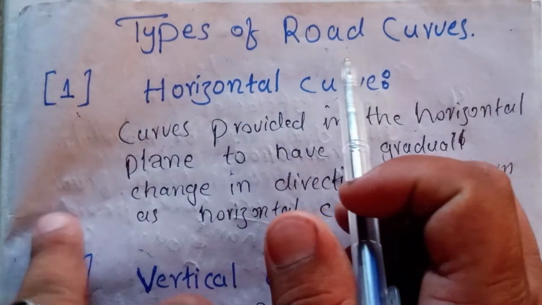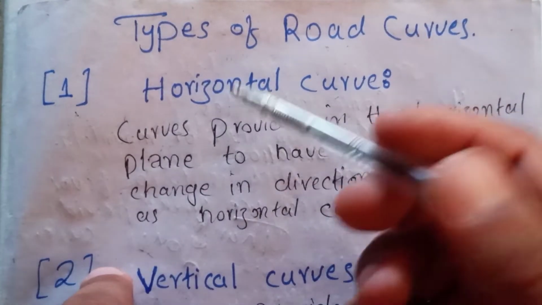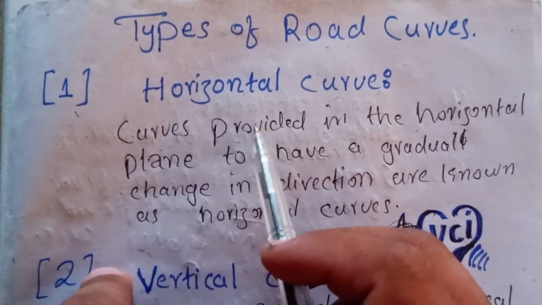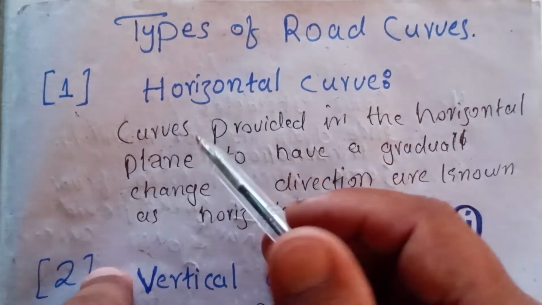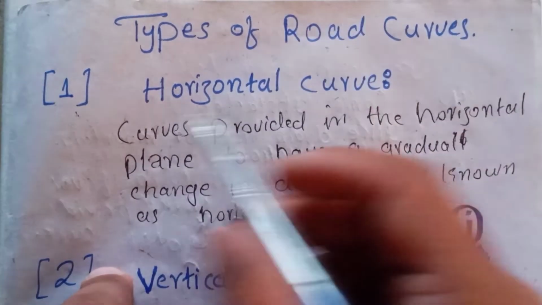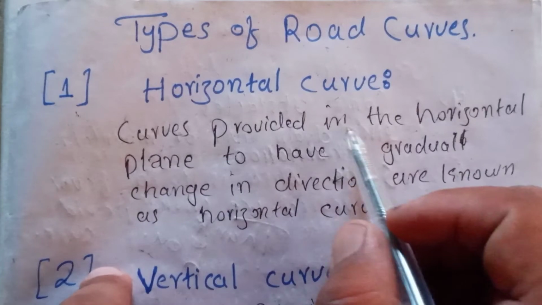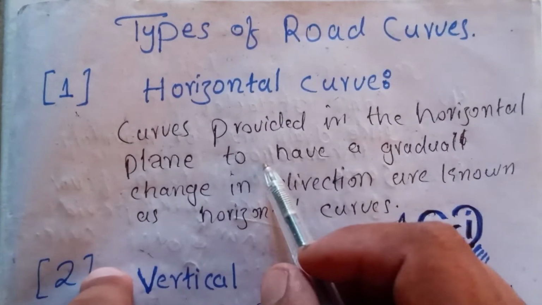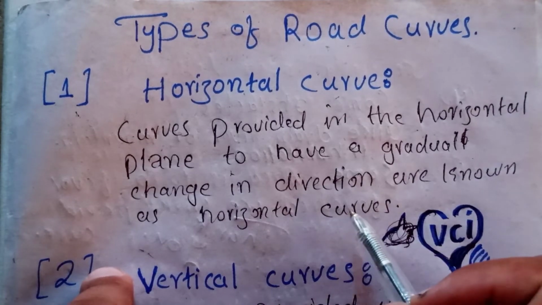Types of road curves. You know that curves are provided especially in roads and railways, but curves can be of two types according to plan: horizontal curve and vertical curve. Number one, horizontal curve. Curves provided in the horizontal plane to have a gradual change in direction are known as horizontal curves.